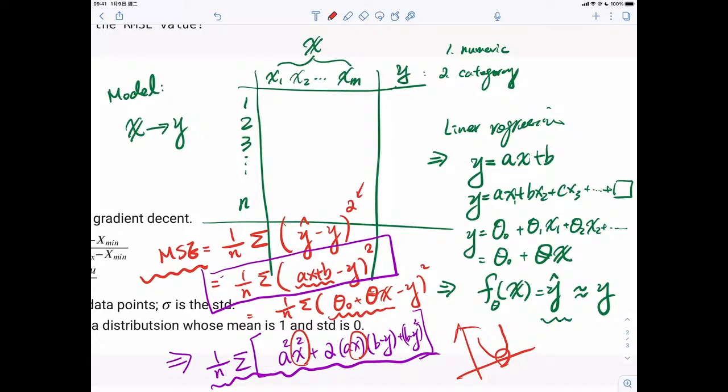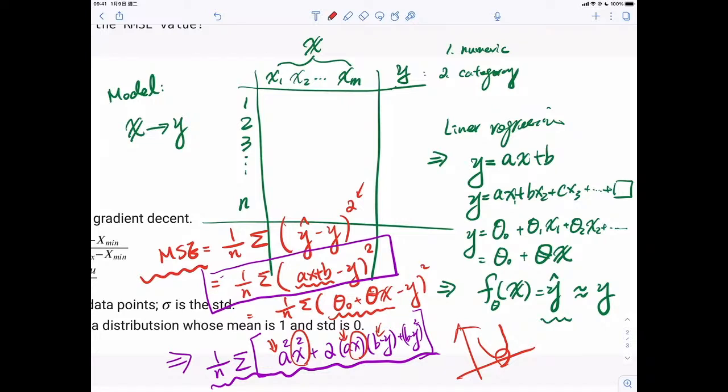Of course, when or where does the minimum value occur? 就是什么时候会有最小值呢？It depends on the values of A and B, which are the parameters. You choose different parameters, A and B, and you get different values of MSE.